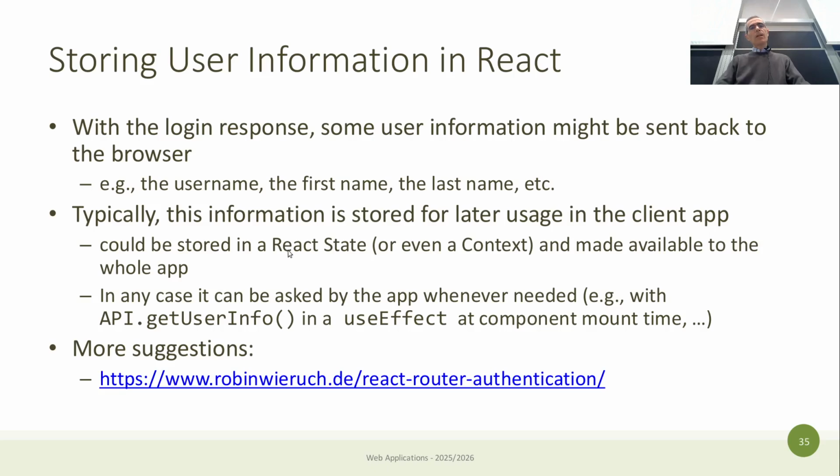Good. Then we get back the information about the user, and we are back in React on the client side. Where do we store it? As any other information coming from the server, we store it in a React state. So we will create a state that stores this information coming from this API. Typically, that's a state that contains an object, the user object with an ID, email, first name, last name, whatever we think, again, is appropriate.